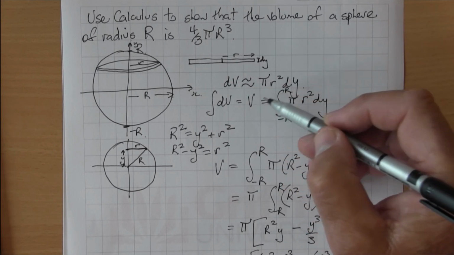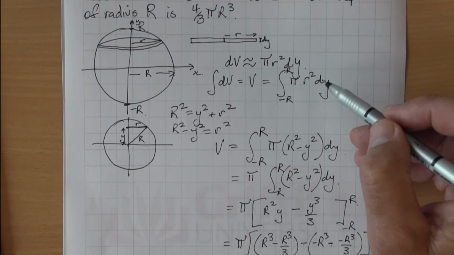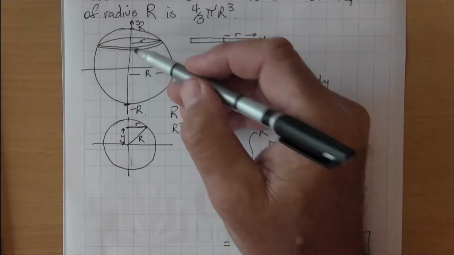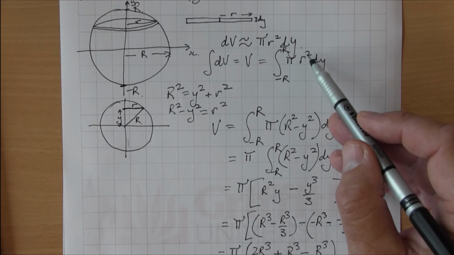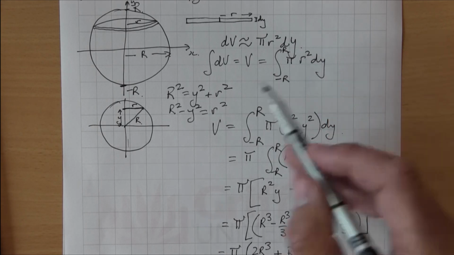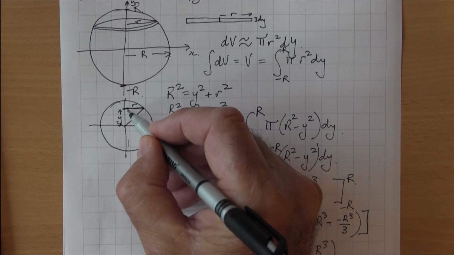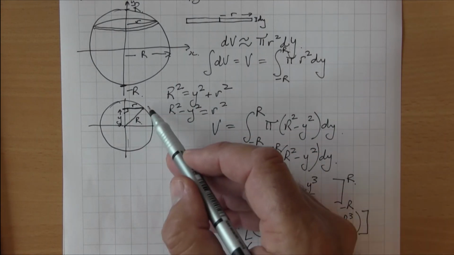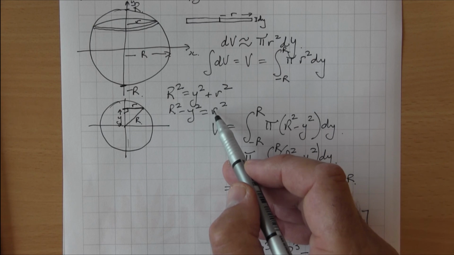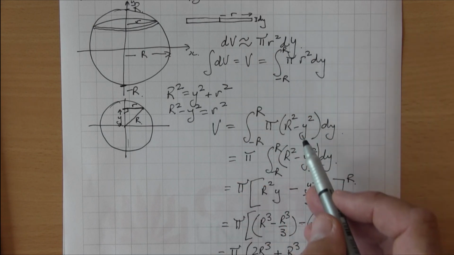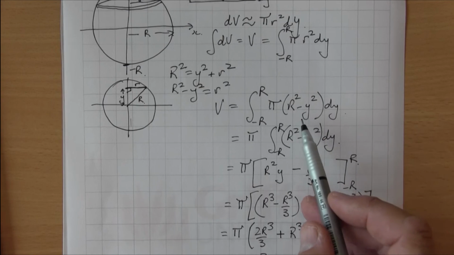To add up all these slivers, we actually use integration, and we're doing it along the y-axis. We need to replace that r squared with something in terms of y, and we use Pythagoras here. We've got a right angled triangle. We know that R squared is equal to y squared plus r squared, so we can make r squared the subject, and then that allows us to do the substitution in for that r squared up there.